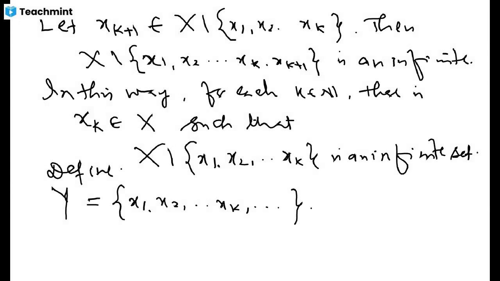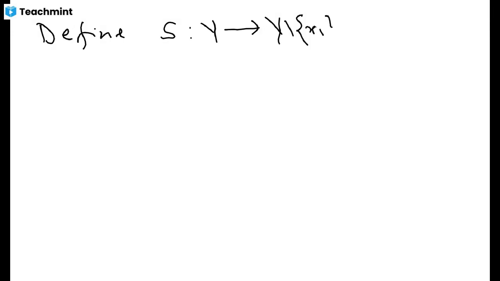To establish that this set is an infinite set, we define a function, let me call it the shift function, S from Y to Y minus {x1}. I'm defining S of xk as x_{k+1}.